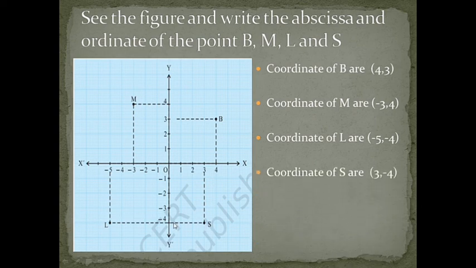It means the coordinates of S are 3, -4. So I hope you have understood how to locate the coordinates on the graph and how to find the abscissa and ordinates of a given point.